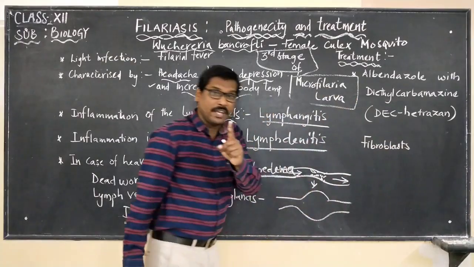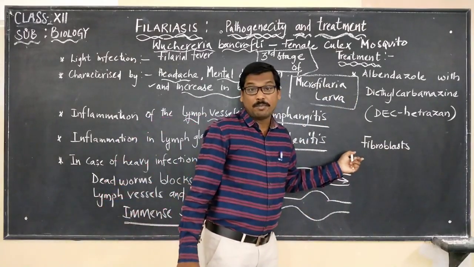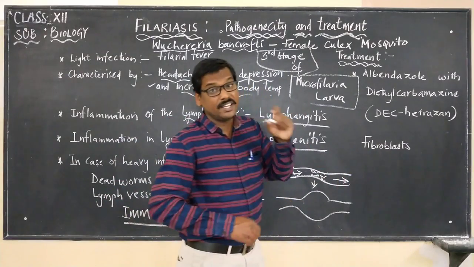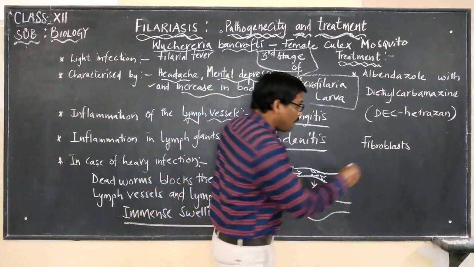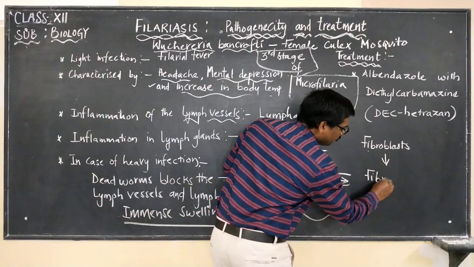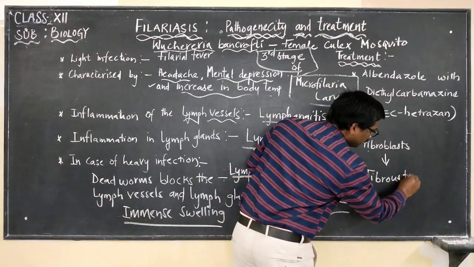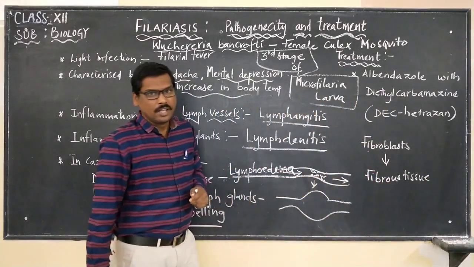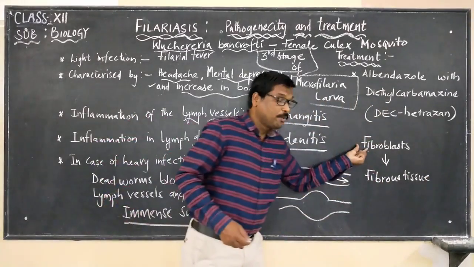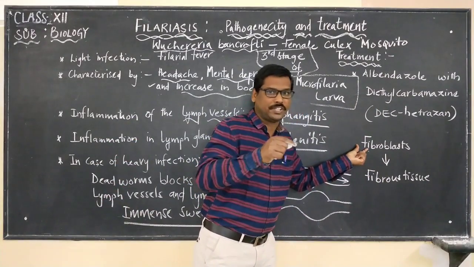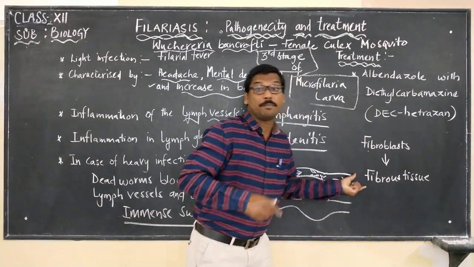Fibroblasts are accumulated in the lymphatic tissue, forming fibrous tissue, which should not happen actually.